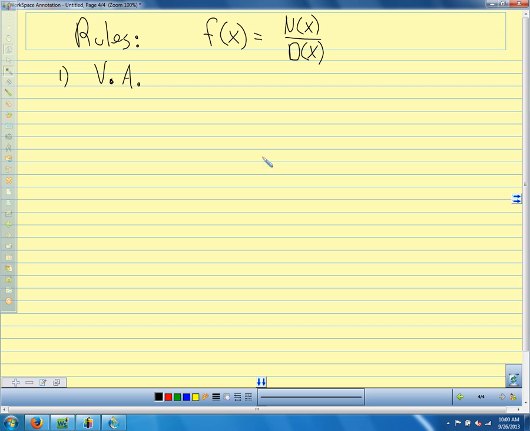When the denominator... and our vertical asymptote is always a line.